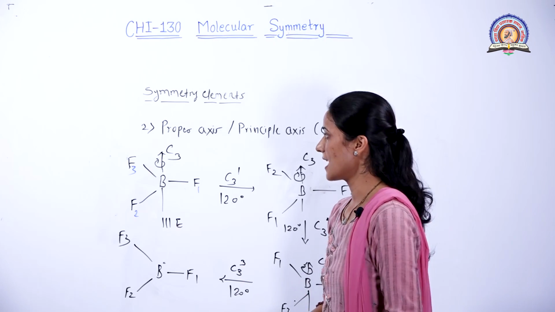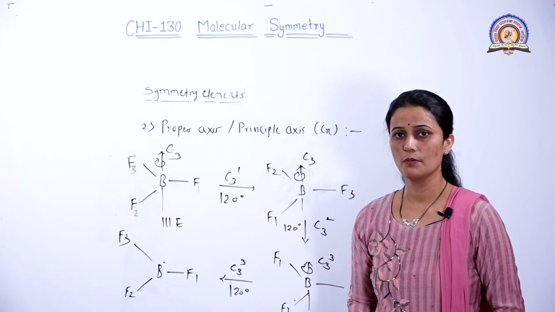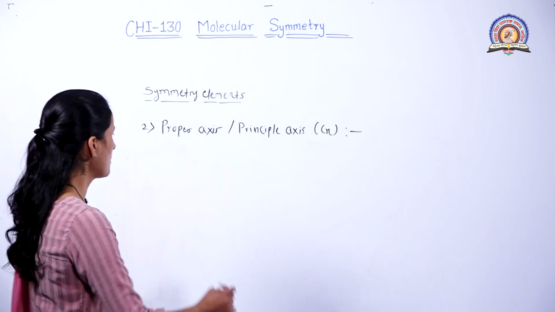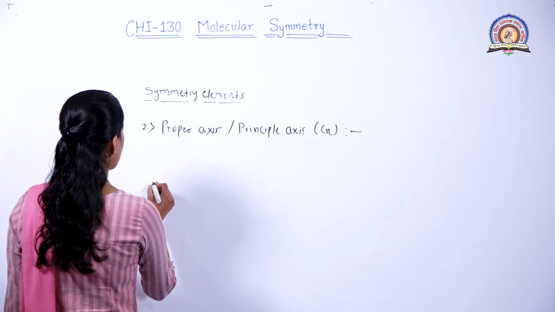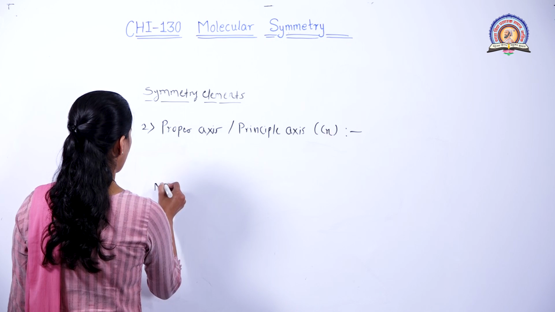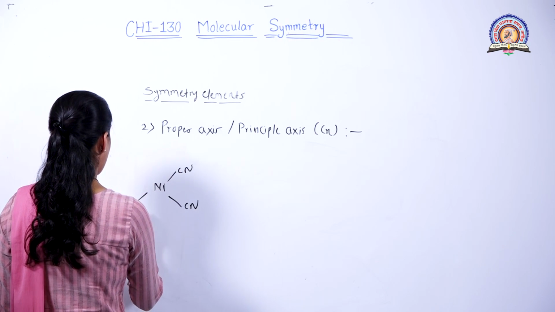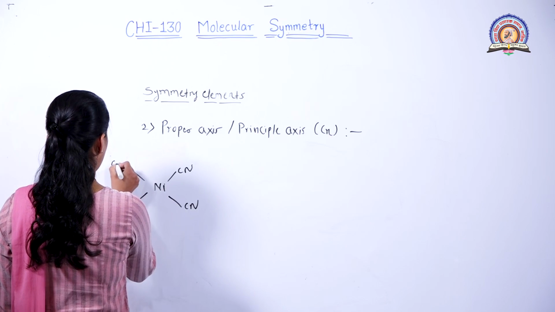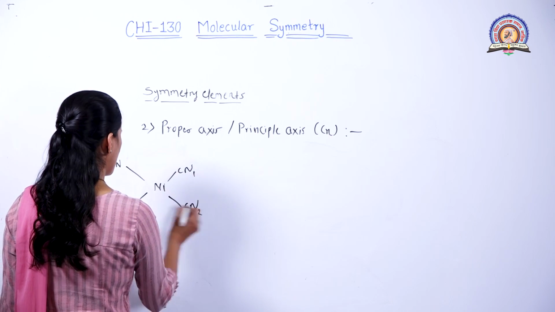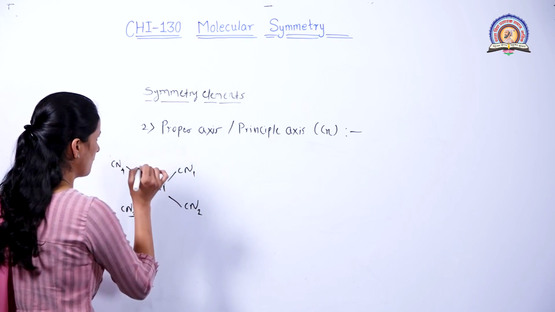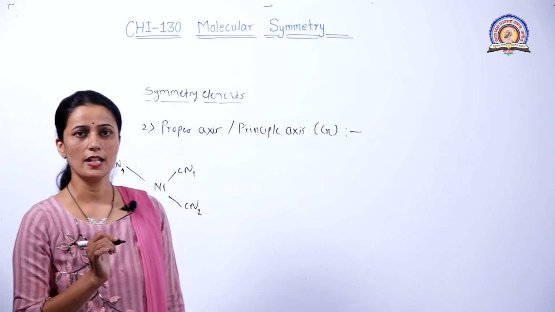Let's see the last molecule, that is a square planar molecule. The next example is Ni(CN)4, which has square planar geometry, with CN1, CN2, CN3 and CN4. Now which is the principal axis?